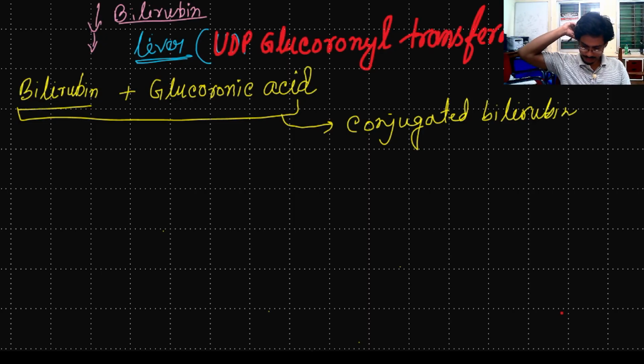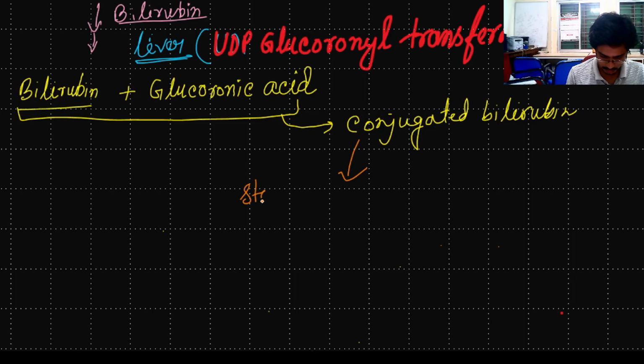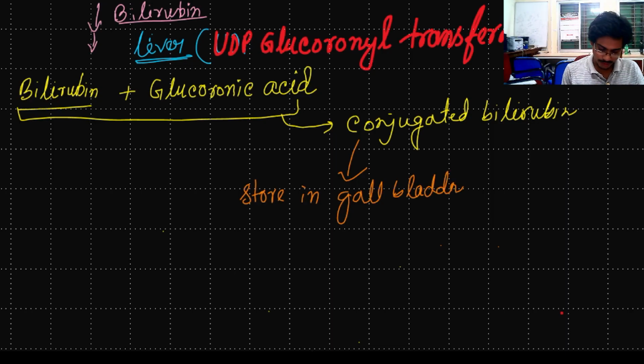That conjugated bilirubin is stored in the gallbladder, and after some time it can be released into the intestine.